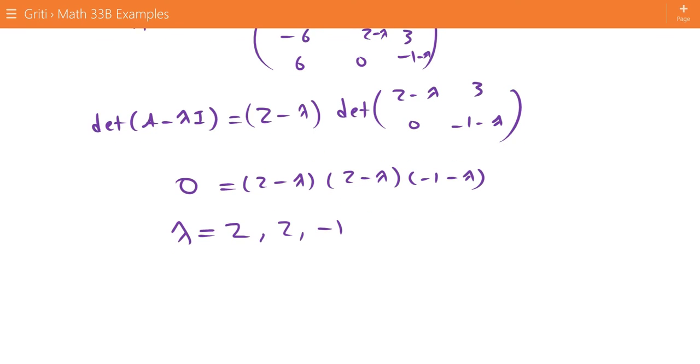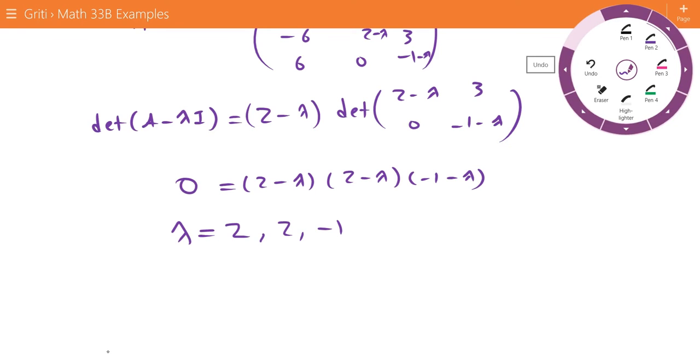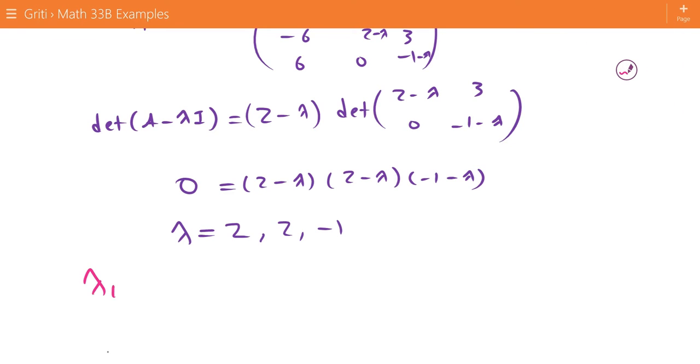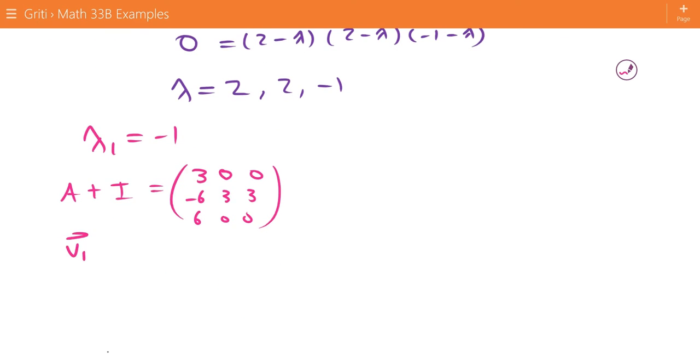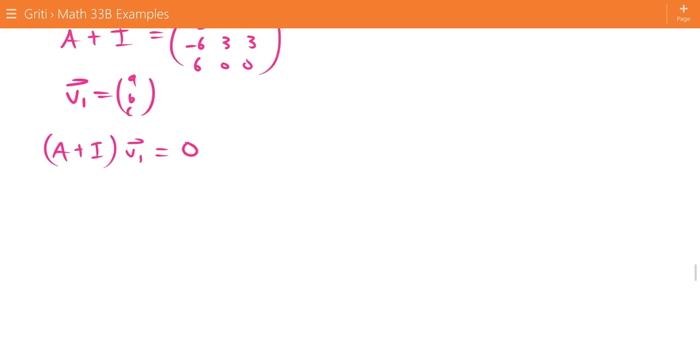So let's deal with our eigenvalue of algebraic multiplicity 1, which is negative 1. So that means we consider A plus I, which is [3, 0, 0; -6, 3, 3; 6, 0, 0]. For looking for v1, which equals (a, b, c), that satisfies A plus I times v1 equals 0, we just look at the augmented matrix.